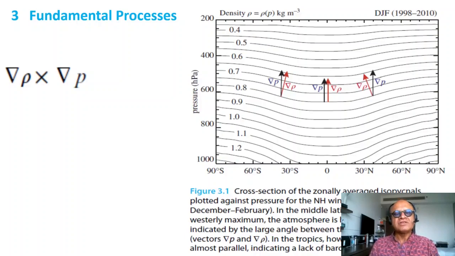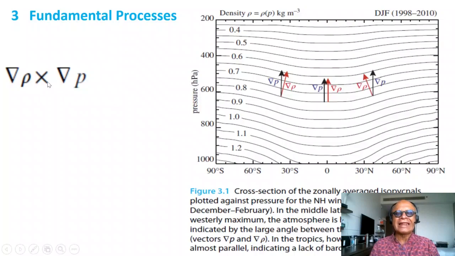So let's start with this idea of baroclinicity. We said the tropical atmosphere is mostly barotropic. What do we mean by baroclinicity? Essentially, when the density is a function of pressure and temperature, as it is in the atmosphere, then the vectors grad rho and grad p are not orthogonal to each other.